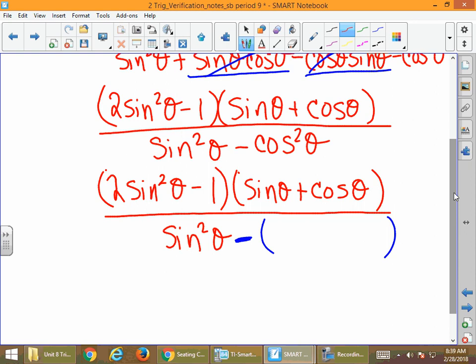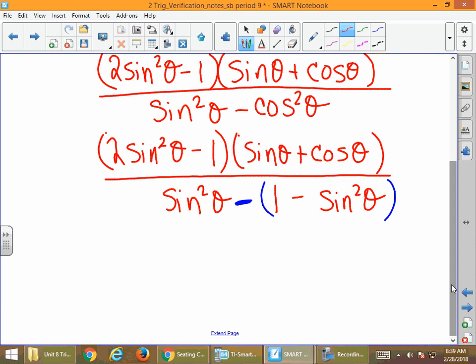And what we know, even from the last unit, is that cosine squared is 1 minus sine squared theta. Did I write it right? No, let's fix that. Sorry. Don't do what I did. 1 minus sine squared theta, sorry. But luckily we fixed it right at the right time.